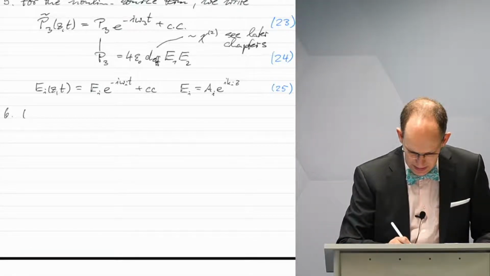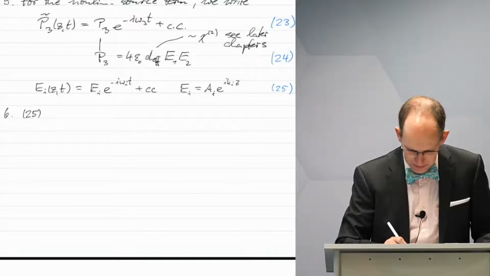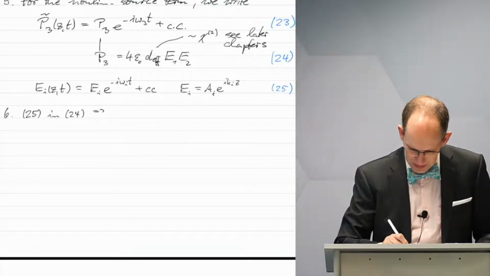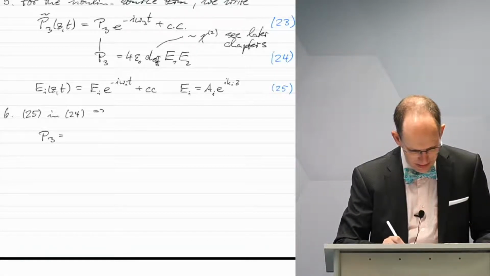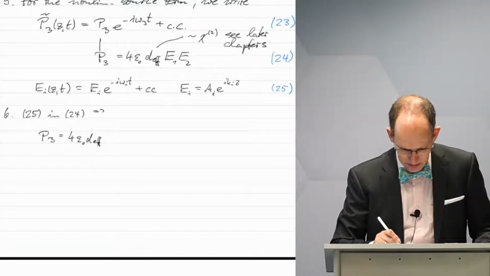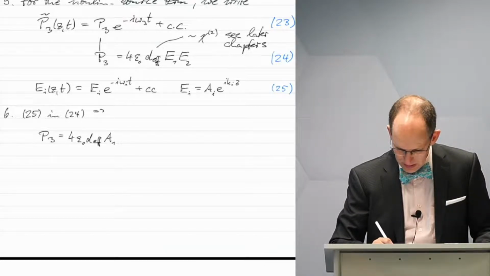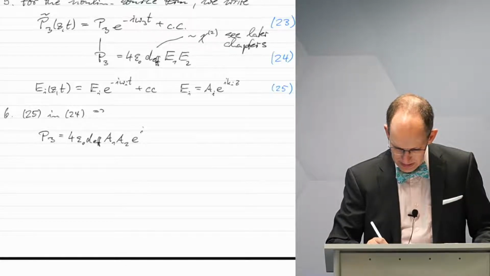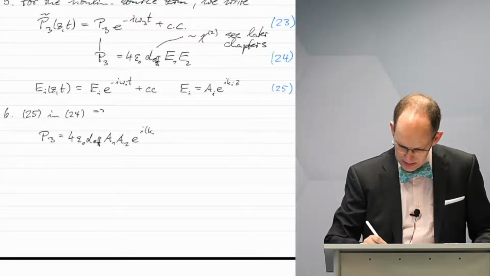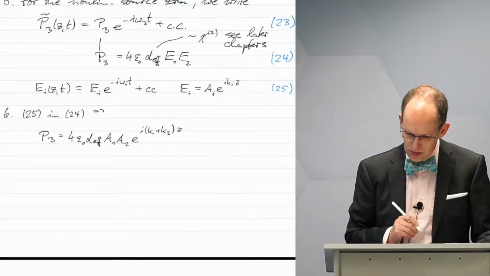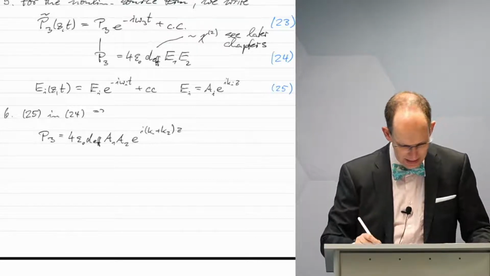So what we do is that we plug 25 into 24, and then we find that P3 is equal to 4 times epsilon 0 times what's called the effective nonlinearity, A1 times A2, and then this expression for the spatial dependence, e to the i (k1 plus k2) z.